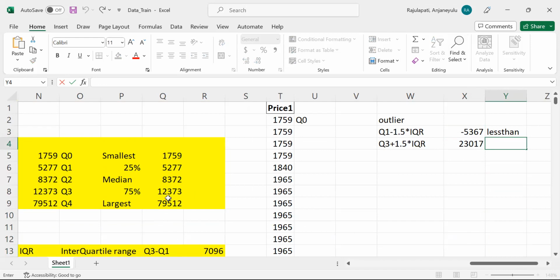That means that whole range above 23,000 we are calling outliers. Is it clear, my point?